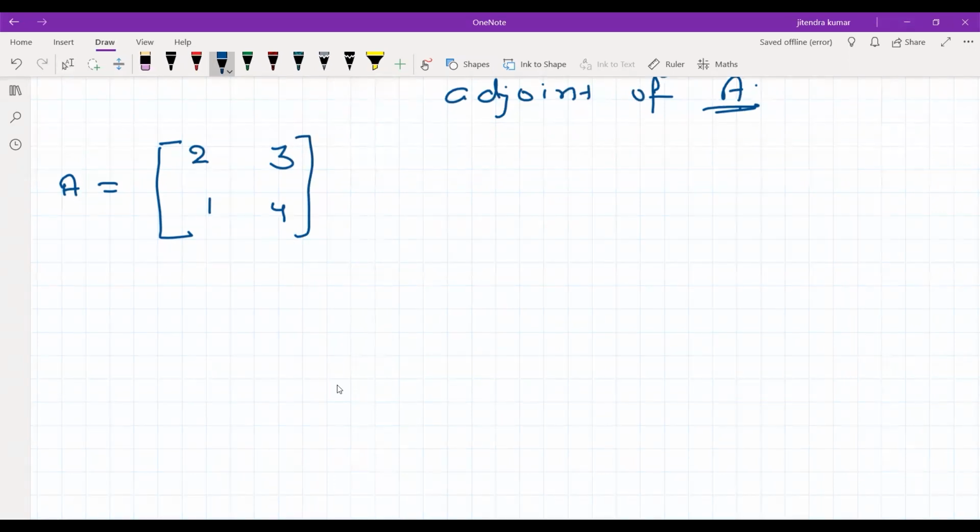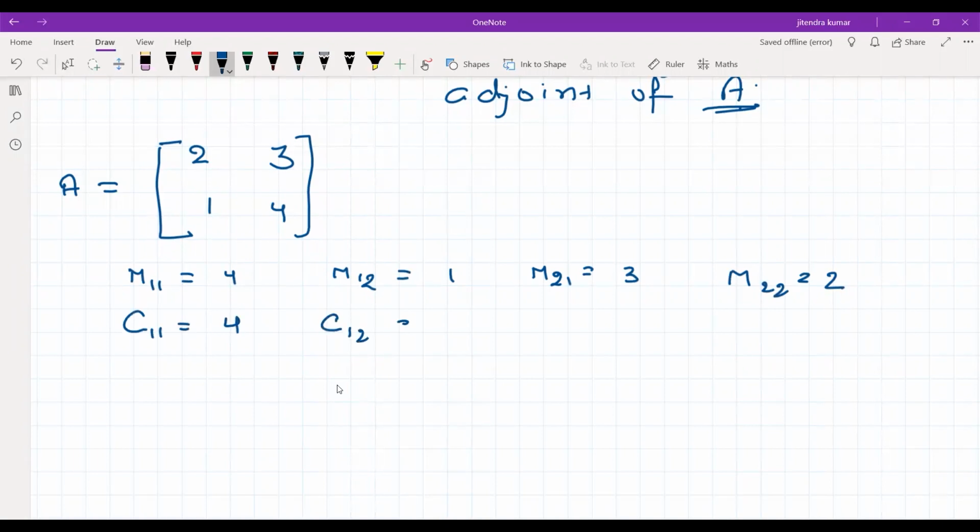So in this case, M11 will be equal to 4, M12 will be equal to 1, M21 is equal to 3, and M22 is equal to 2. Now the cofactors: C11 will be equal to 4 only, C12 will be equal to -1, C21 will be equal to -3, and C22 will be equal to 2 only.